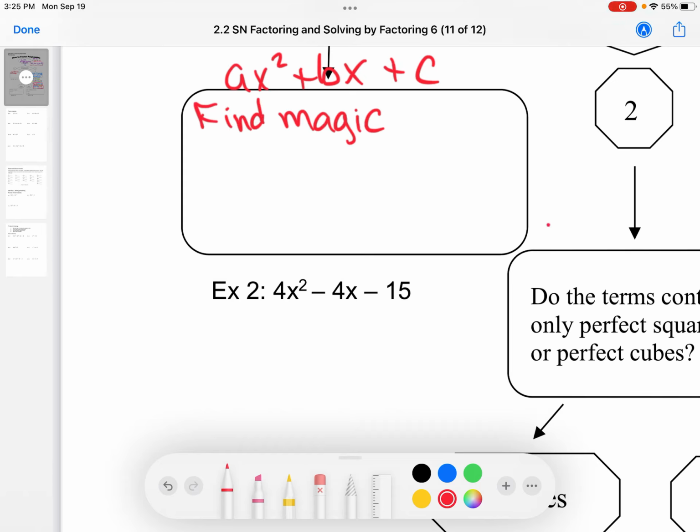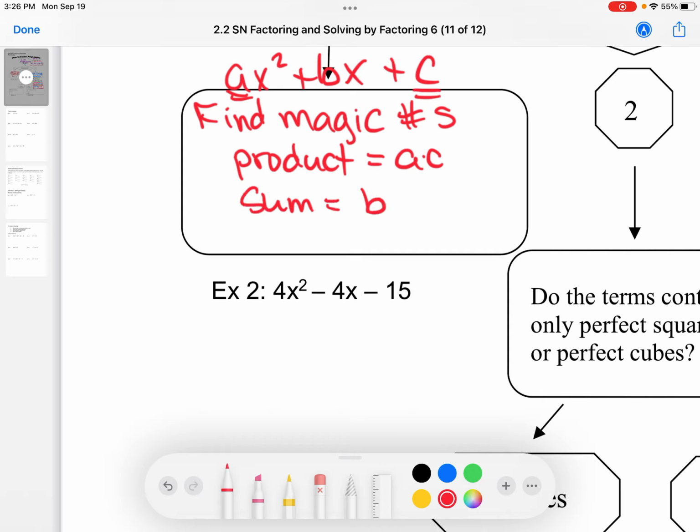It's a really official term, magic numbers. The magic numbers need to have a product, or multiply, to equal the a times the c. They need to have a sum that adds up to b, that middle term. Then we use those magic numbers to split the middle term.